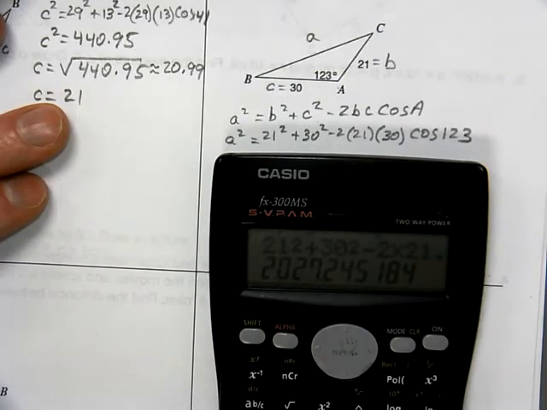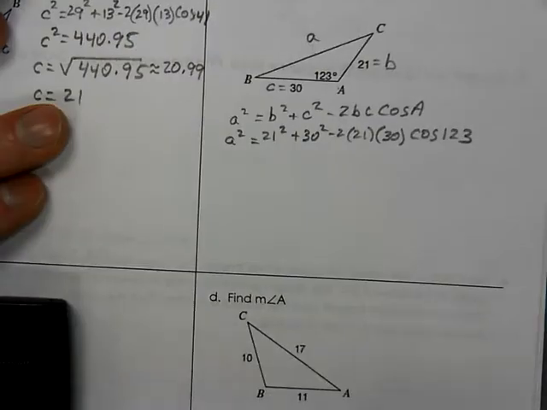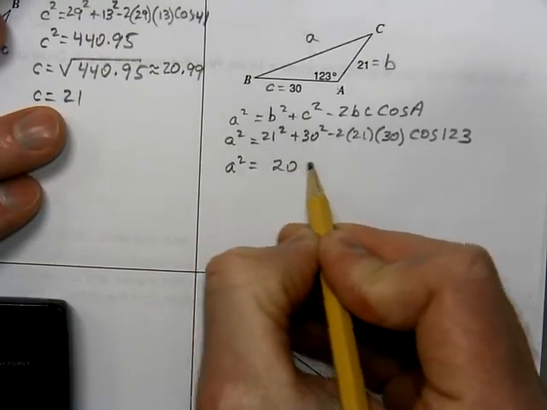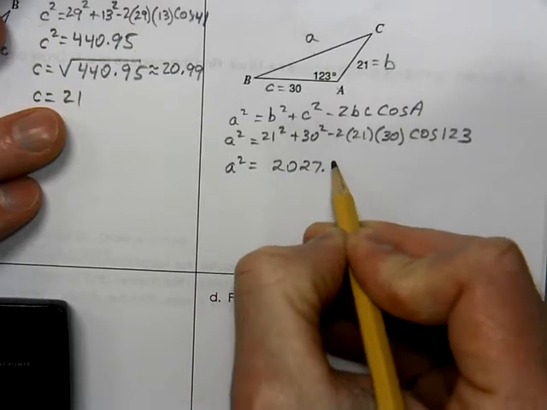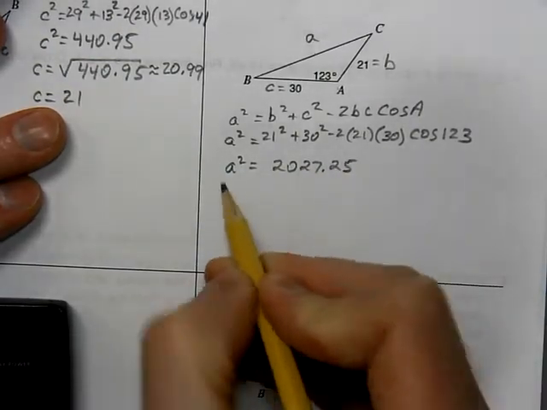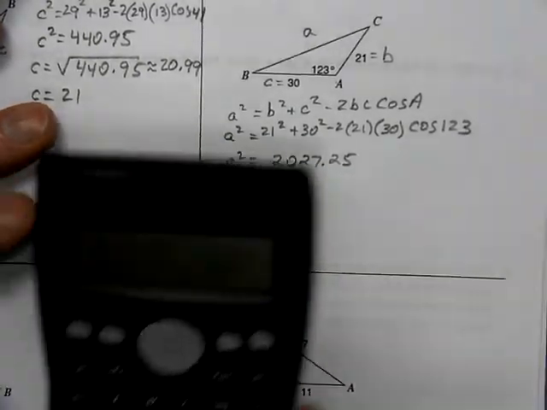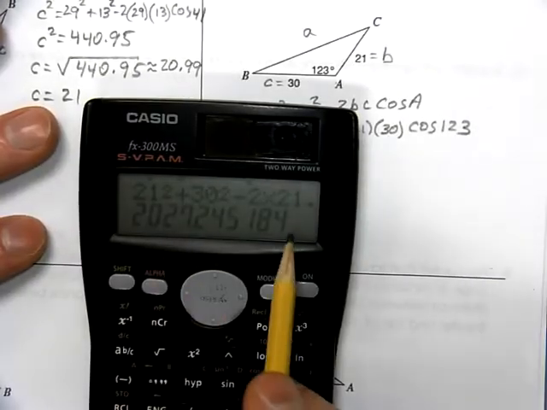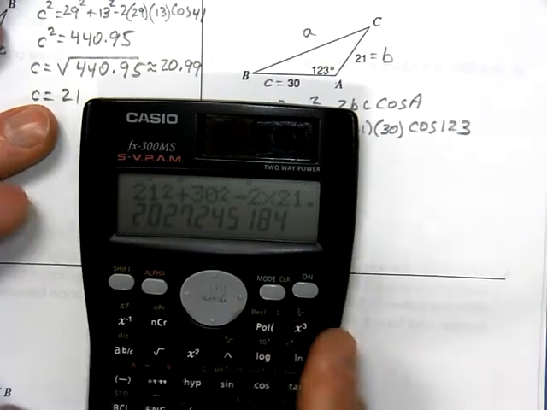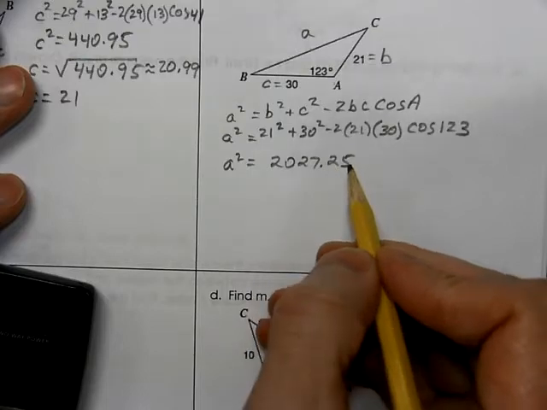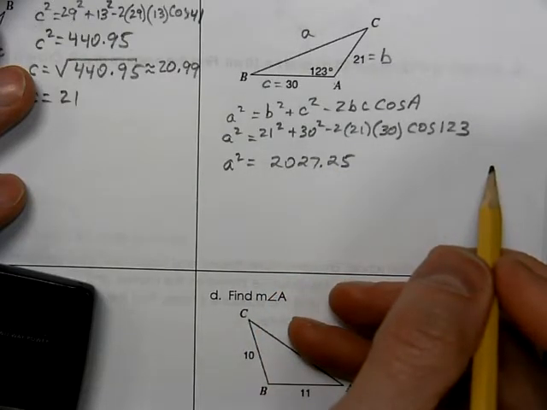So we got 2027.25. When we look, we notice that in our calculator it goes on and on, and even more numbers come after here. So we round it because we can't write every number exactly.